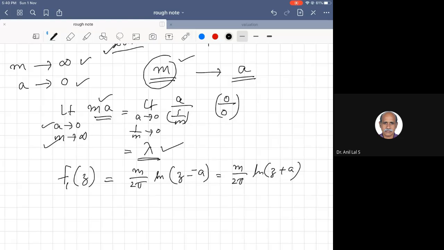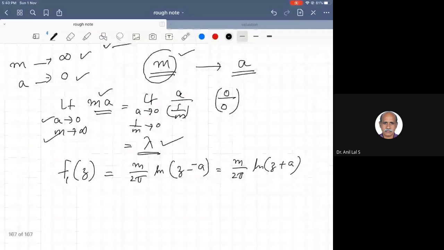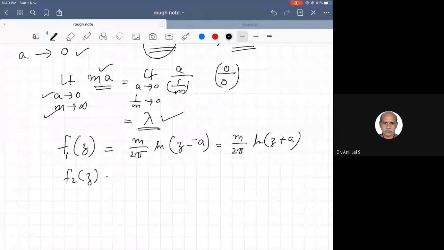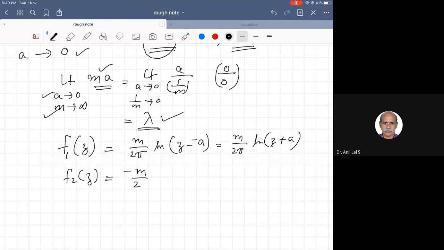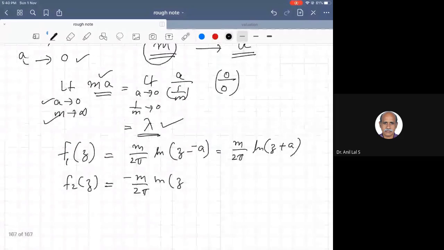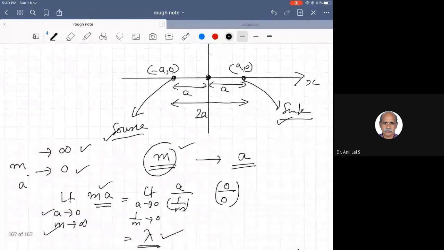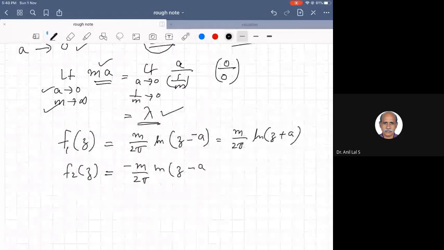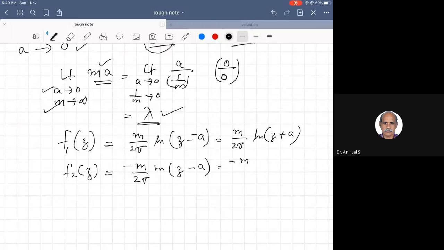So let me mark it as f1. Similarly, for the sink we have minus m by 2 pi logarithm of z minus a, as it is placed at a, 0.